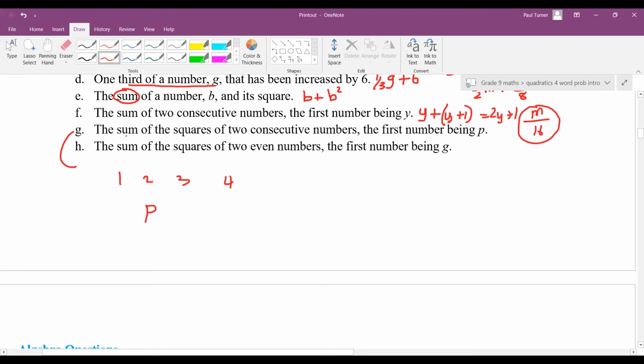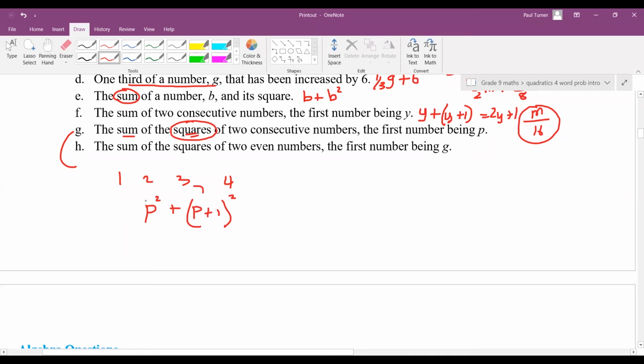But here it says the sum of the squares. This will be P plus 1, and this will be squared. Does that make sense? So the first number is P, but here it says the sum of the squares of those numbers. So we square each number like that.